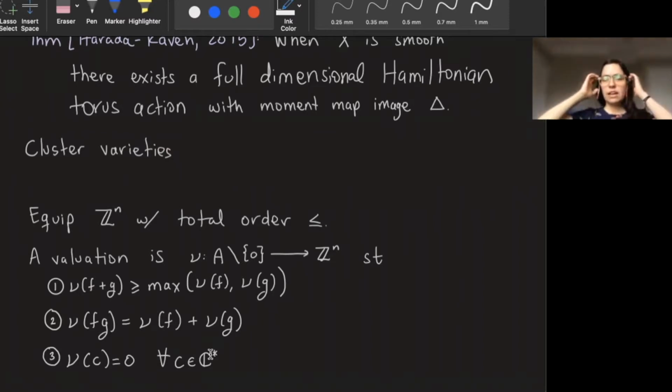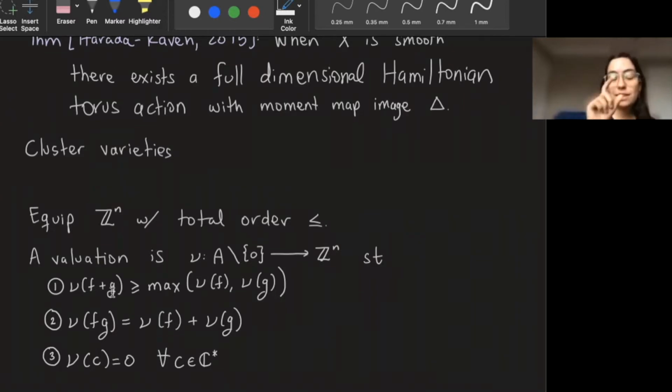So you can think about it being like the degree of a polynomial, right? The degree can mean the highest term or the lowest term. And here, I want the lowest term.